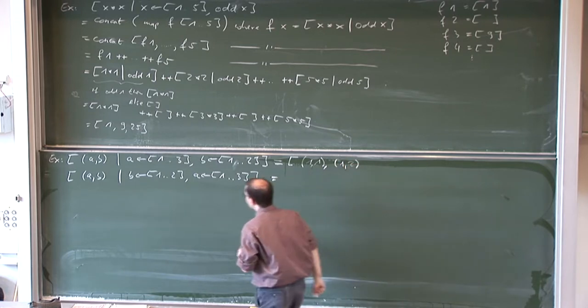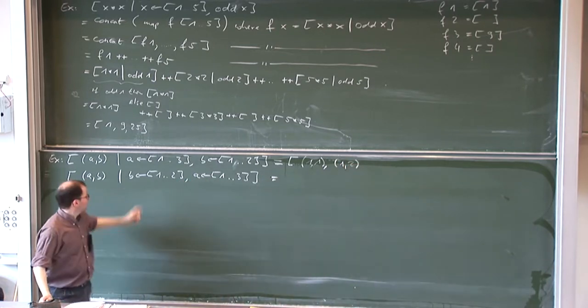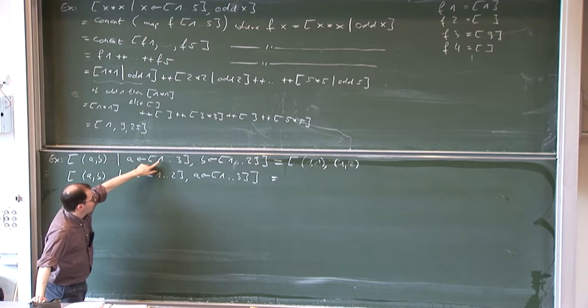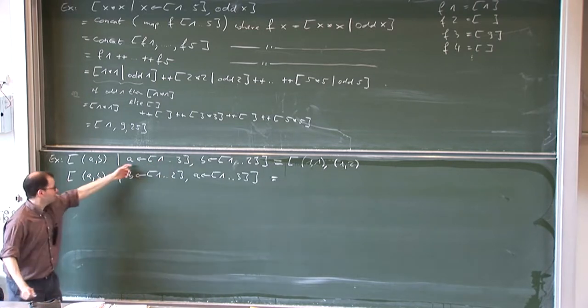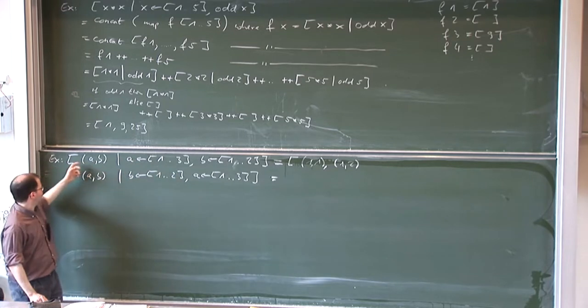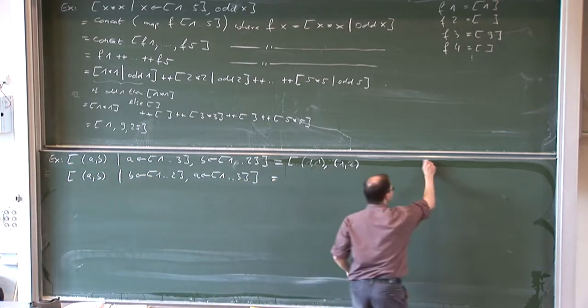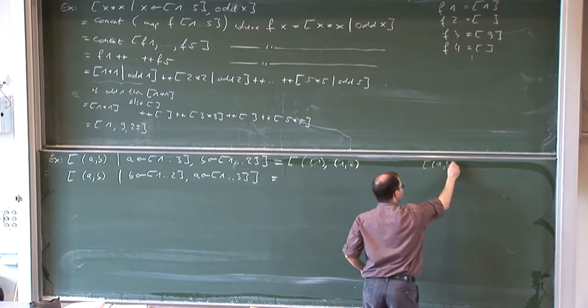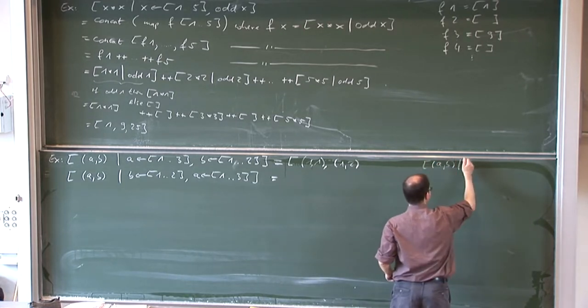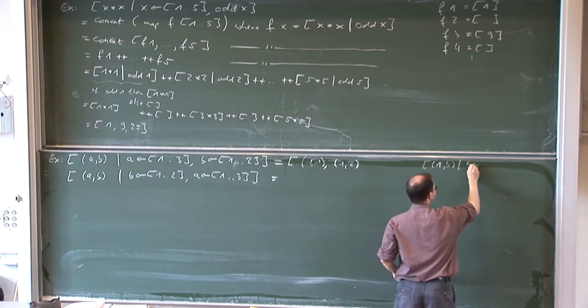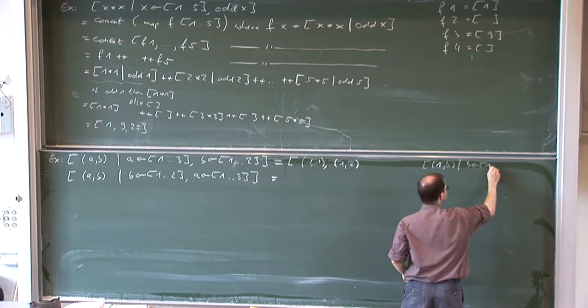And what is the reason? We first execute this qualifier. So this qualifier says A should be bound to 1. And then with this binding of A to 1, we look at the rest, namely, we take all the A's and B's where A is bound to 1, so here we have 1, and B is bound to something between 1 and 2.